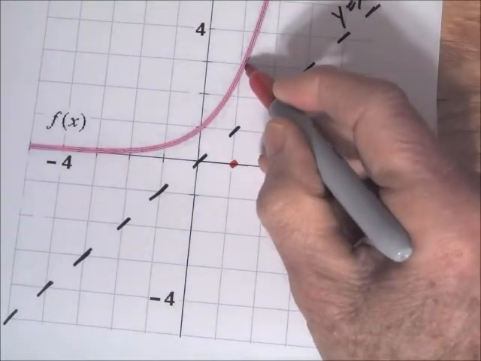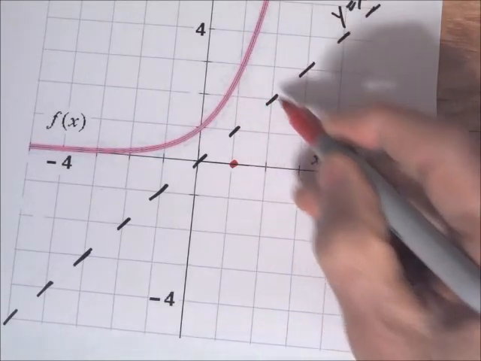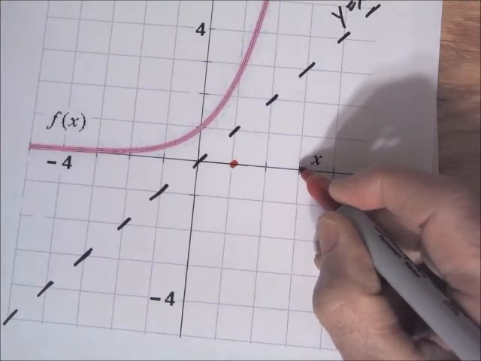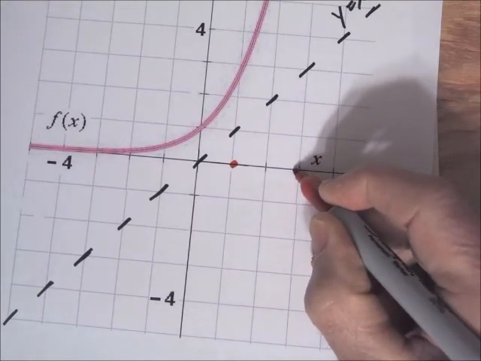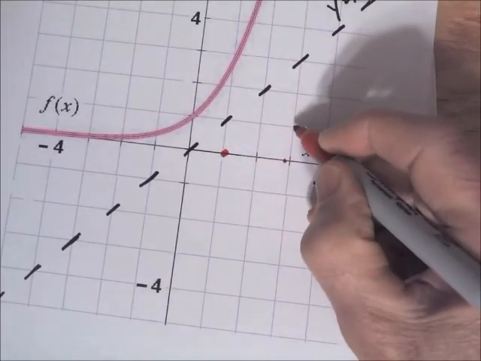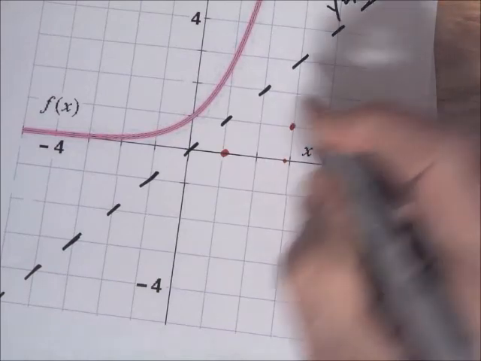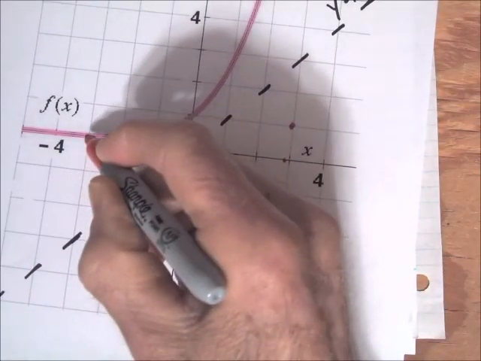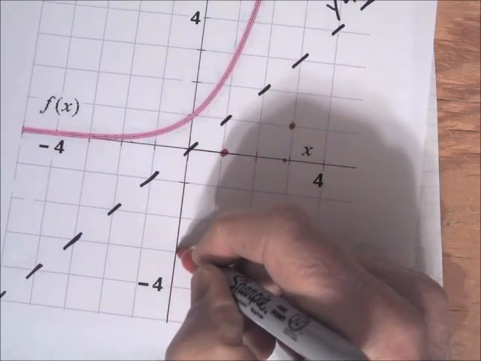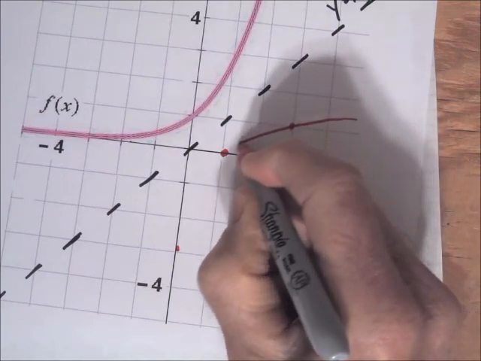Let's say this point up here is up 3 on the y-axis, so it'll be across 3 on the x-axis. Actually, it's not quite at 3, and then it's up 1, so it's about right here probably. This point here, about right here. So something like this.